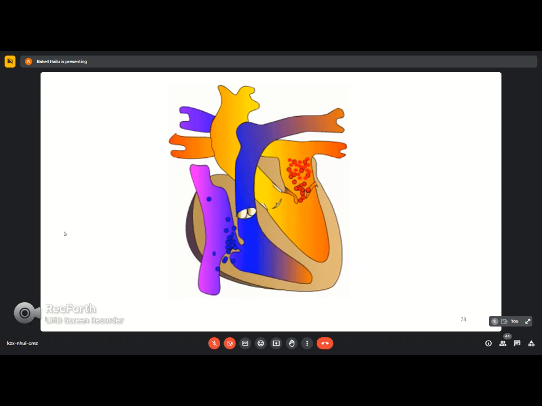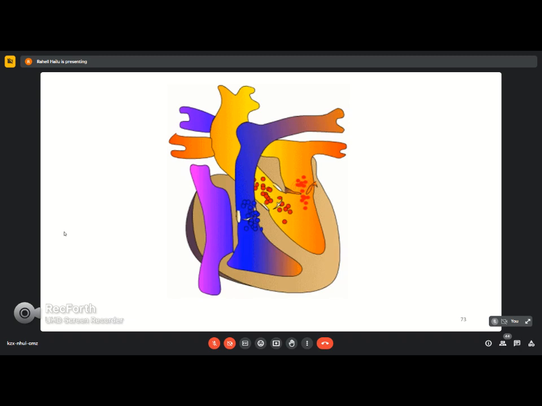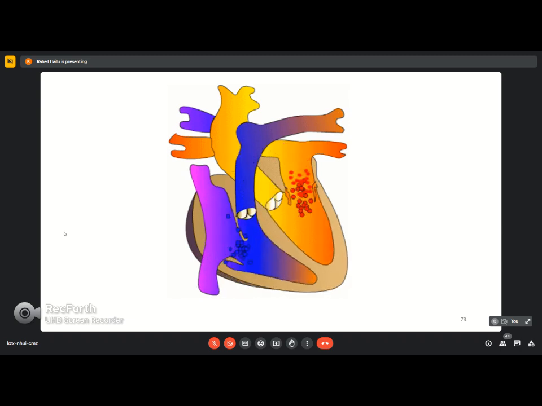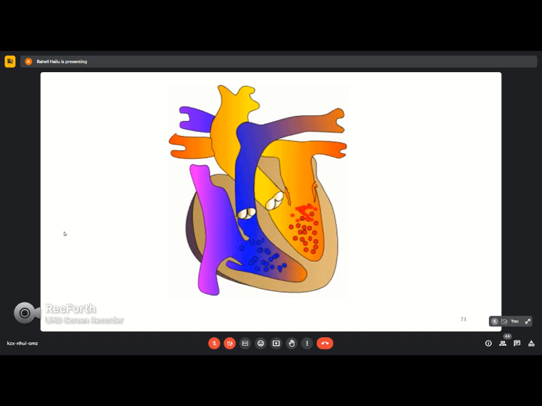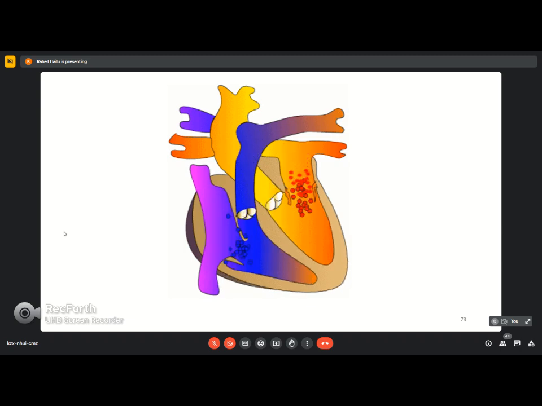Can you look at this animation and tell me what you see? Which side has regurgitation abnormality and which side has a stenotic abnormality? Say just right and left.